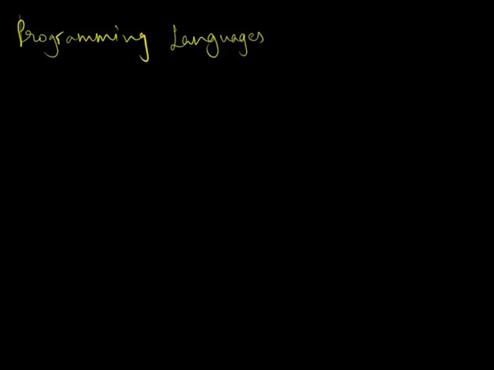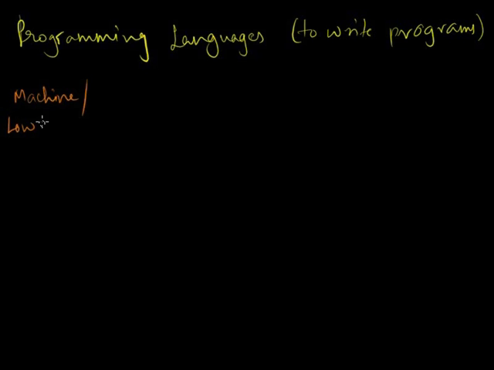Programming languages. We use programming languages to write programs. We have three types of programming languages. One is machine or low level language.